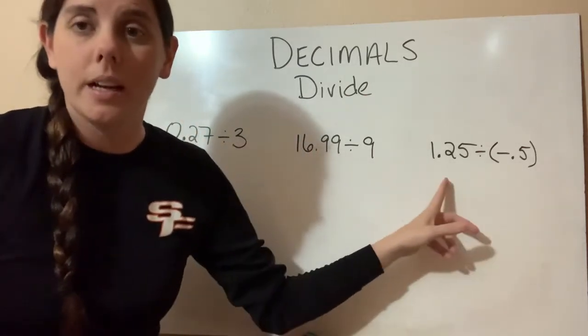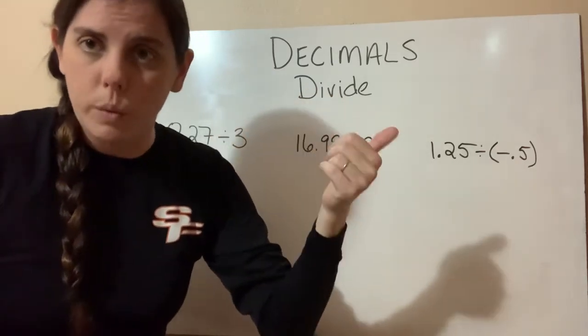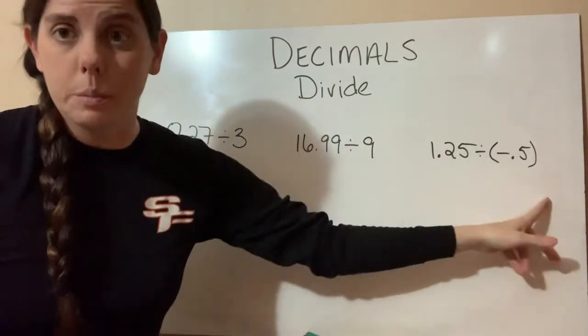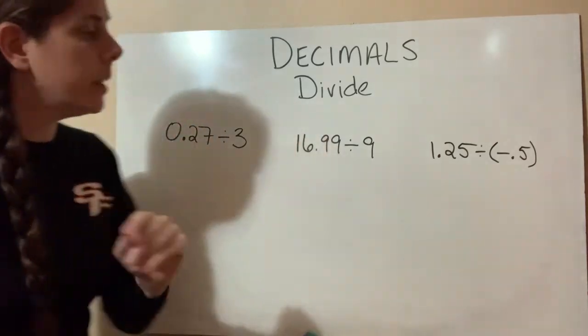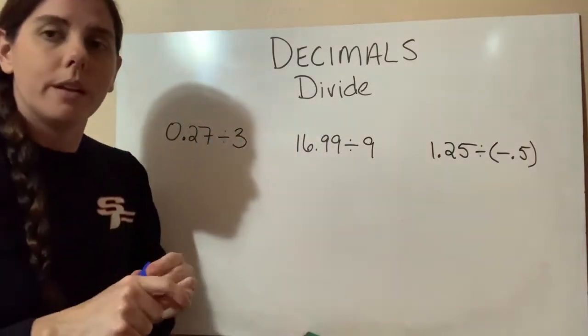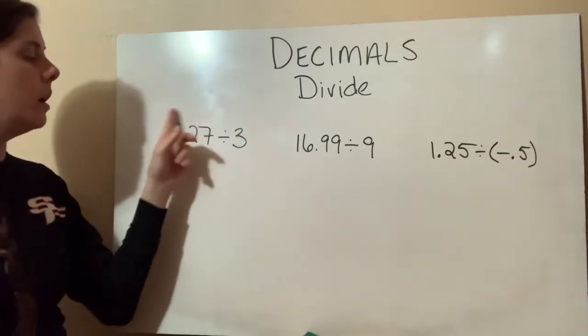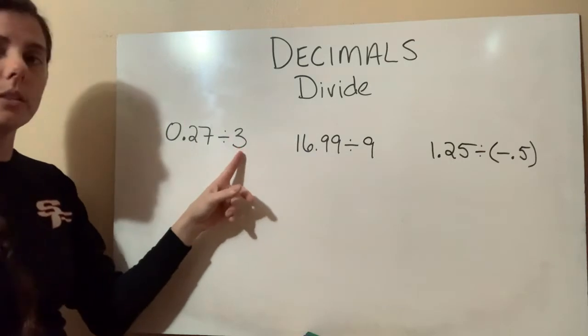When we get to this problem, there's a little step that we need to make sure that we take. All right, so looking at our first two problems, we want to know the different pieces. We have 0.27 divided by 3. So this is our dividend, this is our divisor.